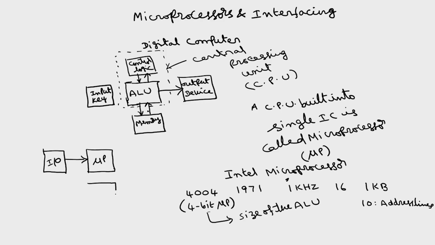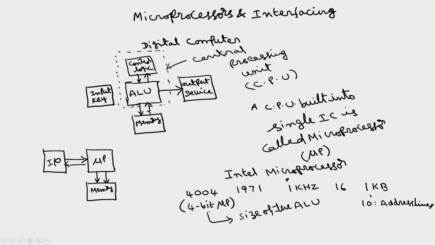Then we will have memory. This is also bidirectional because it is I/O. From input the data will be taken in this direction, and from the microprocessor the data will be output in this direction. So this requires 10 address lines and 1 kilobyte of memory.